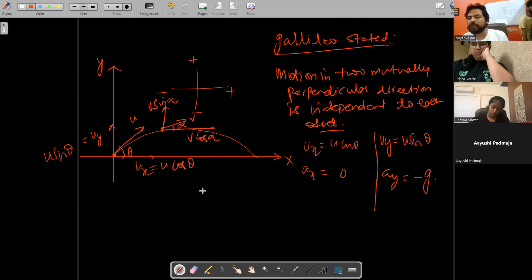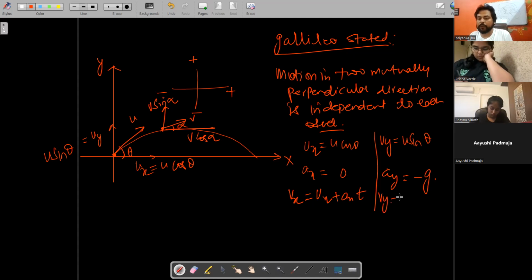Suppose we have to find the velocity at a certain time, how can we find it? See, velocity along x-axis at a certain time, we can write as vx equal to ux plus ax into t. We know the formula, v equal to u plus at. Because we are considering x-axis only, we have to use the x component only.